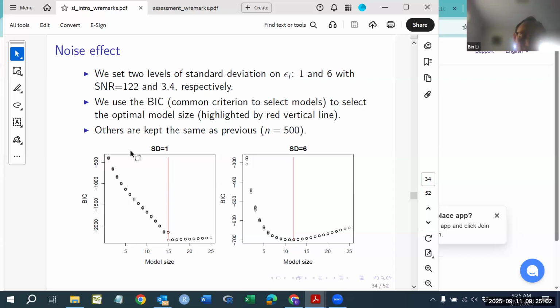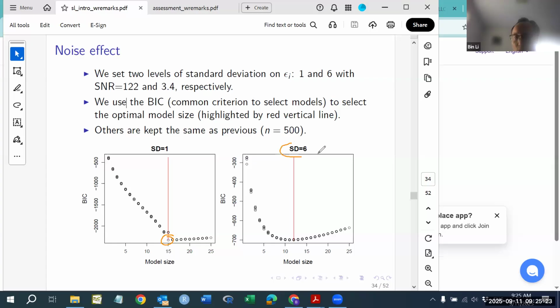So that's good. In that high data quality case, you can see we can easily find out the true model size, which is 15, because we have a very good quality data set. So we can find the truth, which is 15, right?